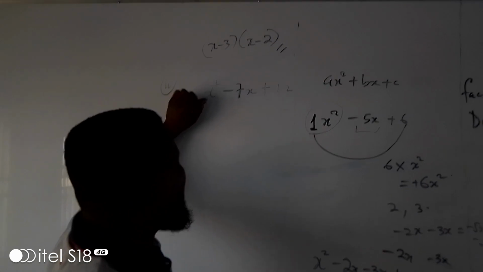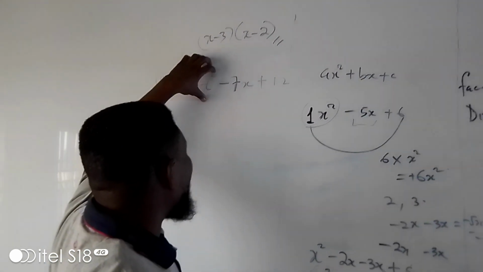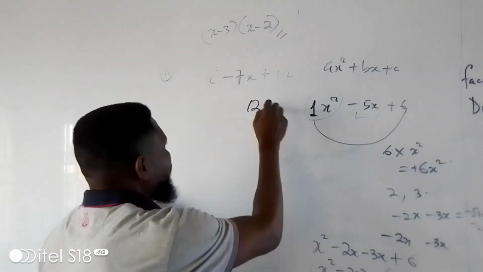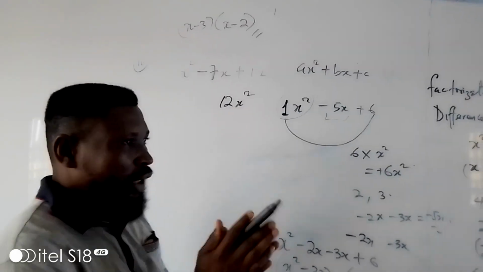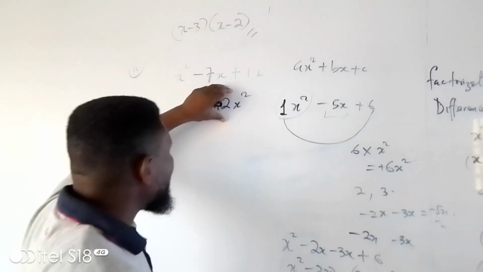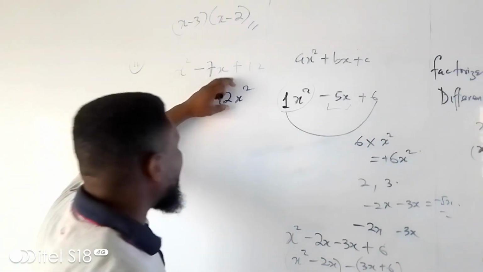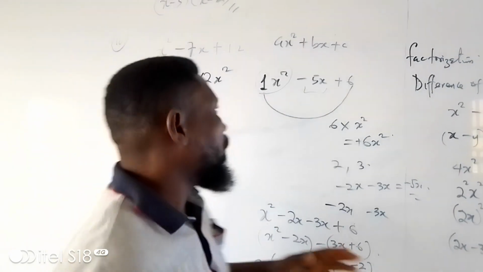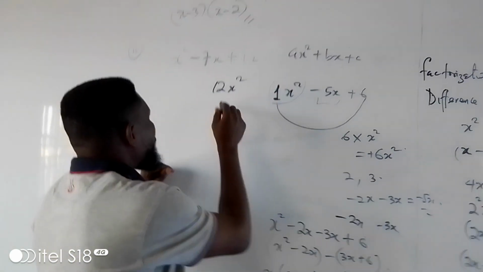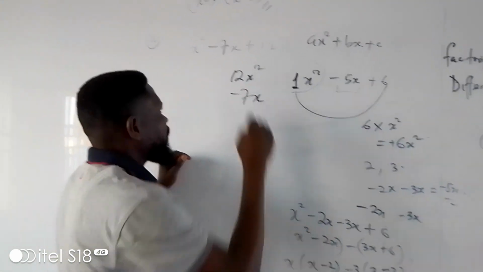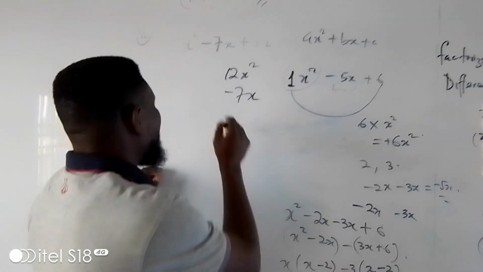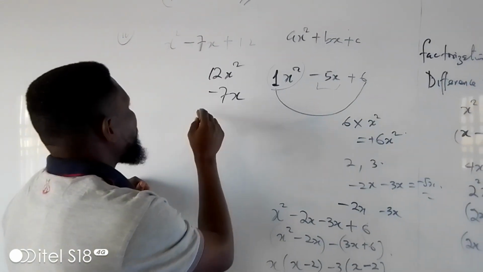Alright, again, you are multiplying the first term by the last term. That will give us 12x squared. Then we're looking for two numbers that, when you multiply them together, will give you 12x squared, and when you add them together, will produce minus 7x. Now, the numbers that come to mind are 3 and 4.